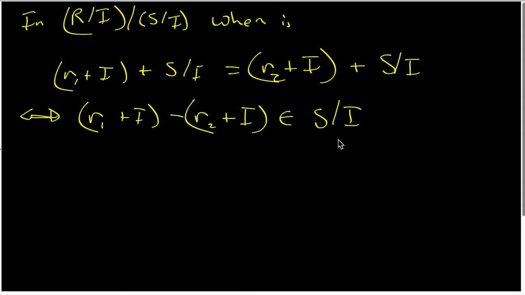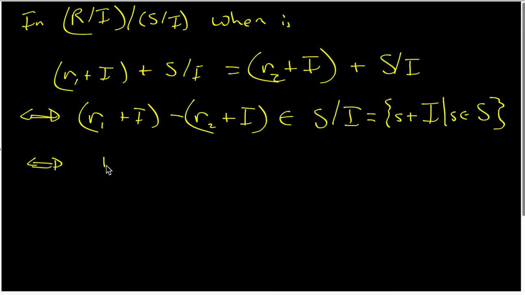Now, it's important to remember S mod I is the collection of things that look like little s plus I, where little s is any particular element of our ideal S. And this particular difference happens to be in the ring R mod I. So I know how to do that.